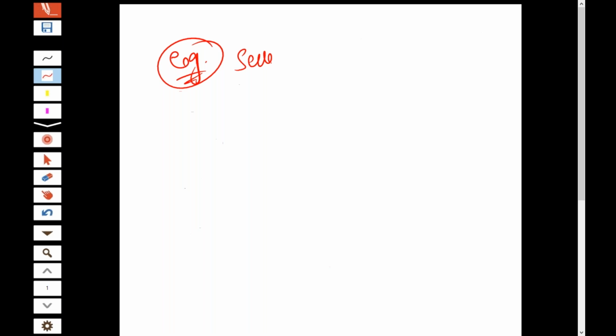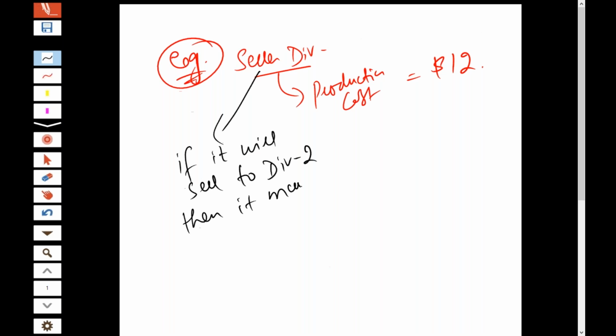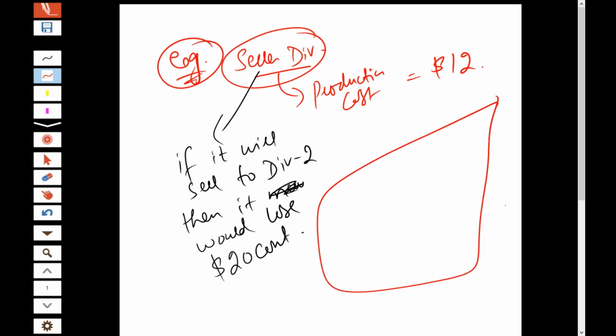For example, there is a selling division and its production cost is $12, and if it sells to division 2, it would lose $20 contribution. Now see, what should this division quote as the transfer price, the selling price?